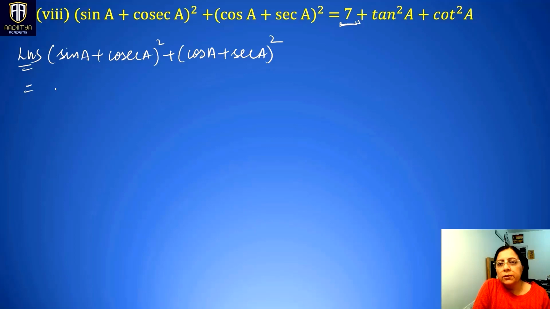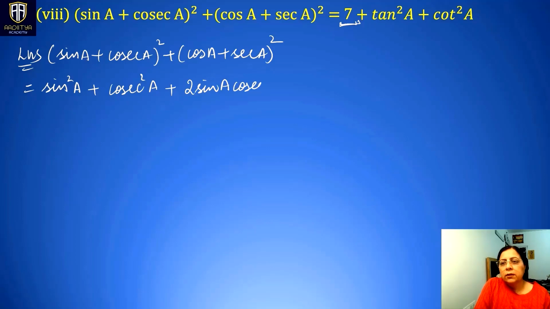I am applying A plus B whole square, which is A square plus B square plus 2AB. 2 into sine A cosec A. Sine and cosec are reciprocals of each other, so in multiplication they get reduced to 1. So this term becomes only 2, right?